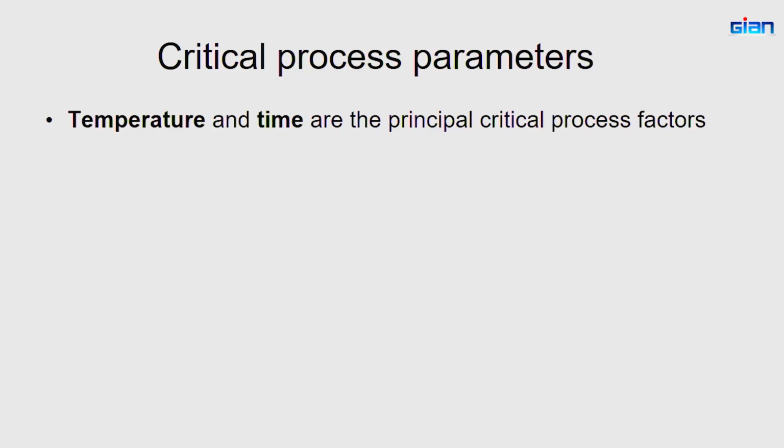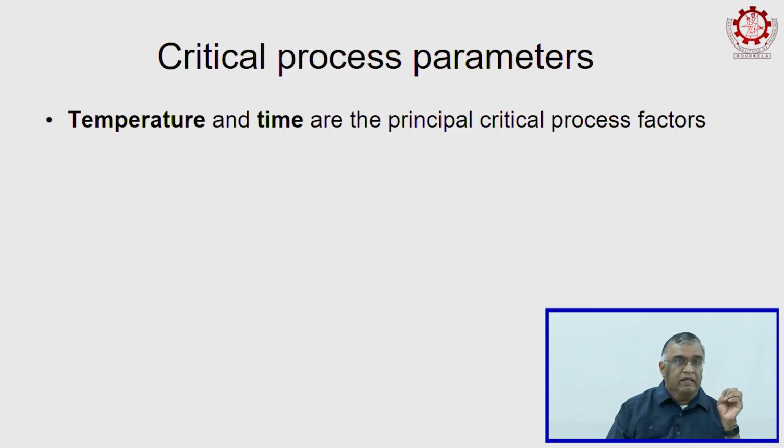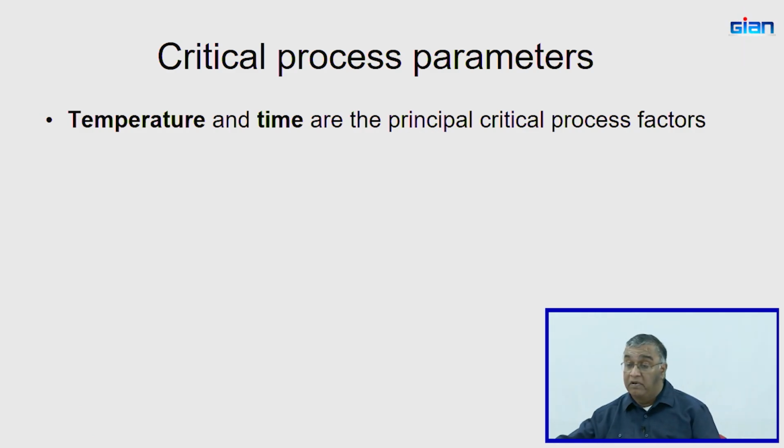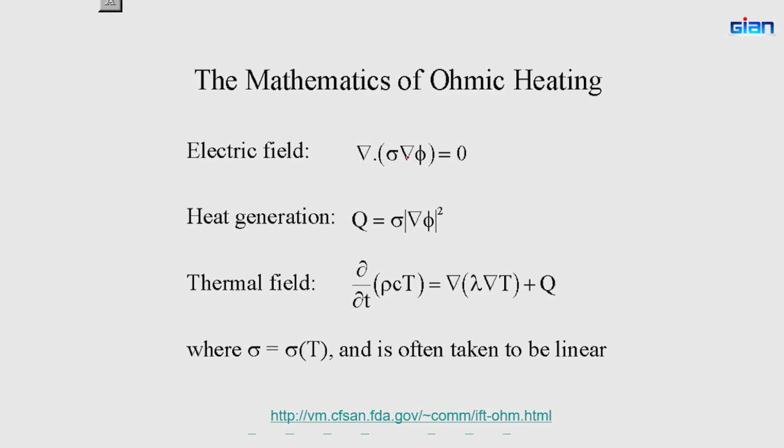In terms of critical process conditions, temperature and time: what do critical process temperature and time mean? That is the minimum temperature and minimum time your product needs to receive during processing. In the case of ohmic heating, again temperature and time are the critical process parameters.